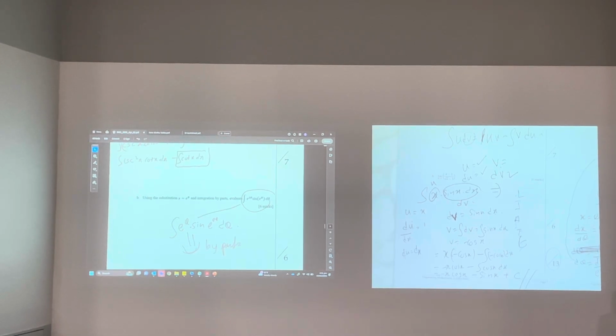But to make it more difficult, they added one more step: using substitution to make it simpler, then we use by parts.